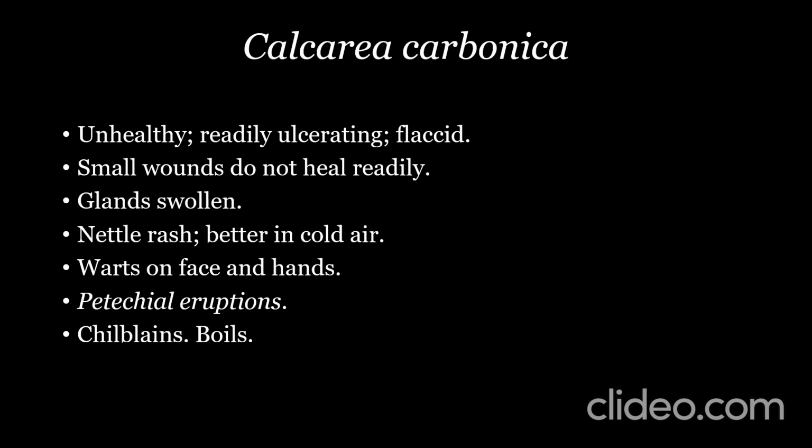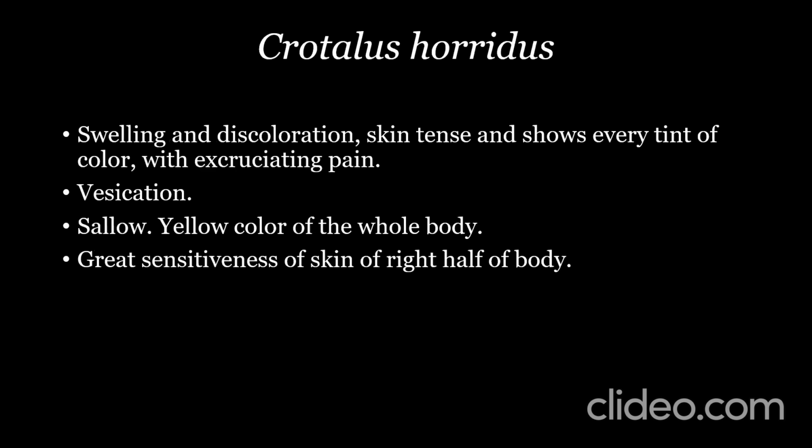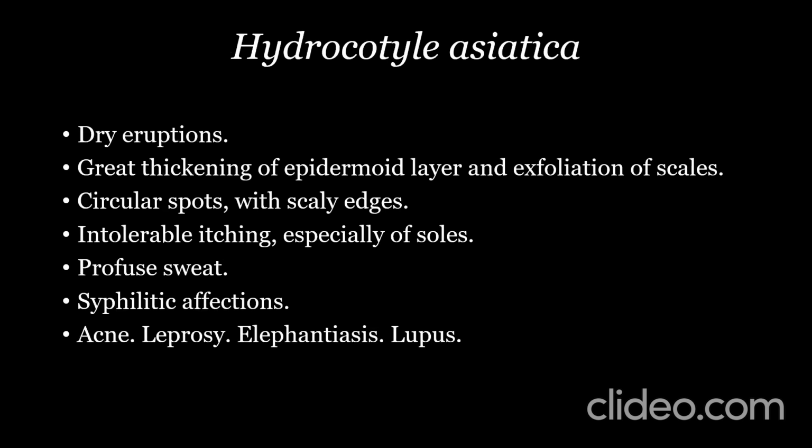With vitiligo, there may be warts on face and hands, petechial eruptions may be present, also chilblains and boils may be present. Then crotalus horridus: swelling and discoloration, skin is tense and shows every tint of color with excruciating pain. Used in vesication, sallow yellow color of whole body, great sensitiveness of skin of right half of the body. Hydrocotyle asiatica: dry eruptions, great thickening of epidermal layer and exfoliation of scales.